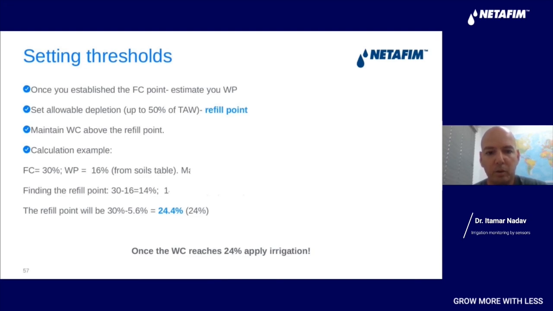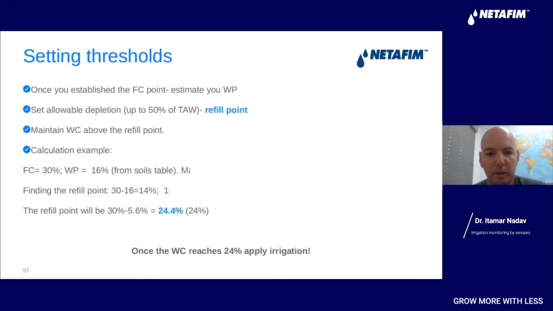But since I don't want to come near the wilting point, I will set a threshold of 40% out of the total available water.